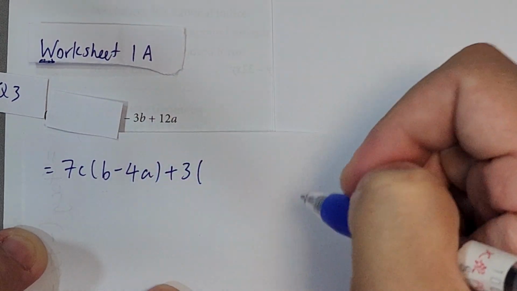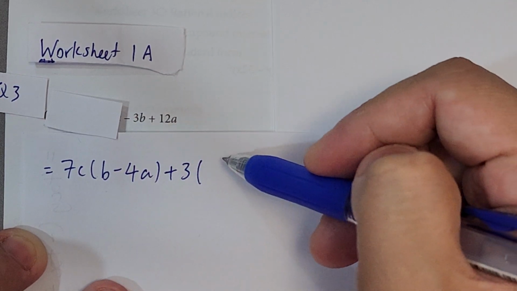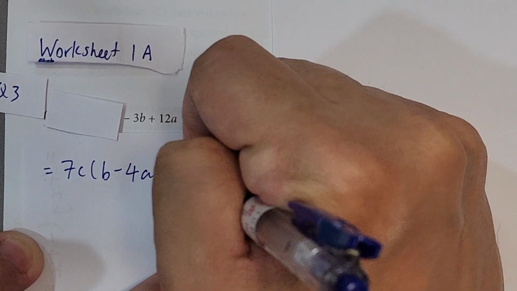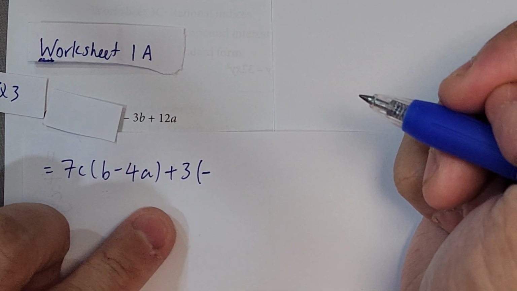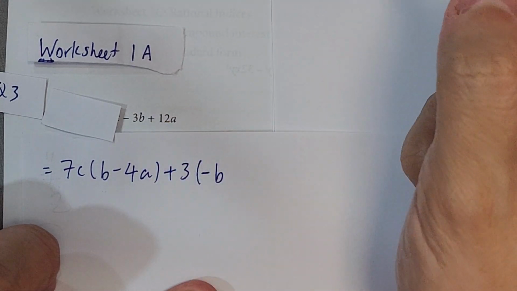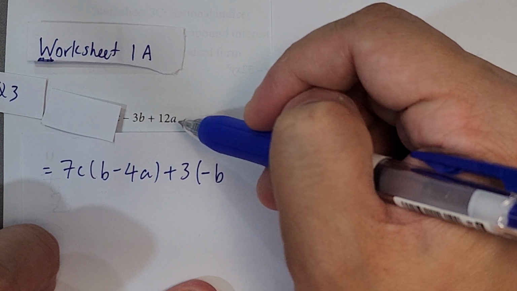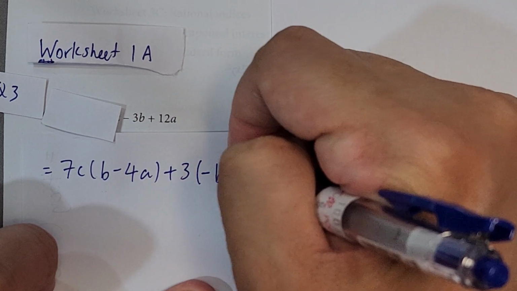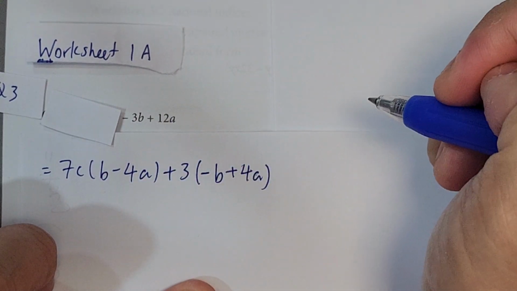Take note, the first term is negative 3B, so what I have inside will also be negative: negative B, because 3B divided by 3 gives B. The second term will be positive because the 12A is positive, so positive 4A. The sign follows.